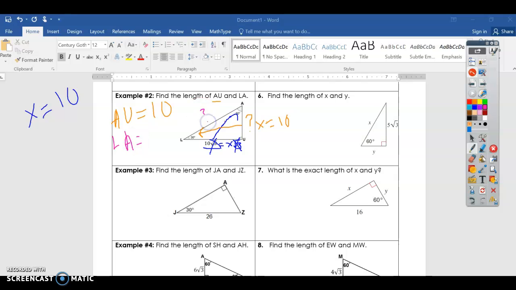Let's put a question mark. That side is across from 90. Across from the 90 is 2 times x, and we know x is 10. So 2 times 10 is 20. So LA is 20. Okay? So go ahead and find x and y for number 6.